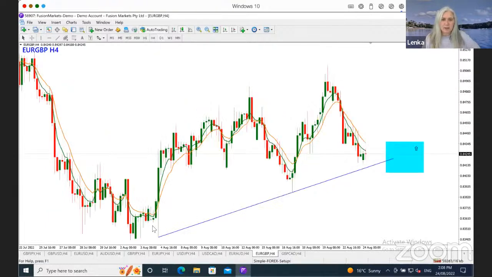So I'm looking at, this is the first bounce. And if there is a bounce, second bounce here, to look for long. It may only come up to the top levels because it is overall in a downtrend, so then it might turn around. So I would be taking partial profits. But if there is a rejection of that trend line in this area, then I would be looking for long.